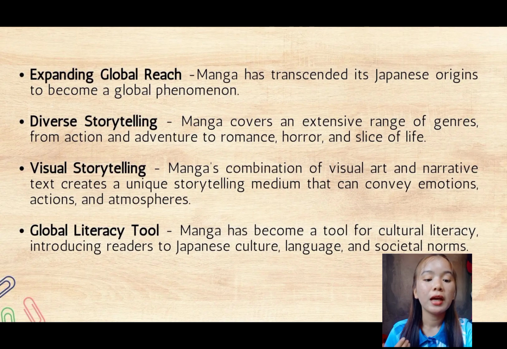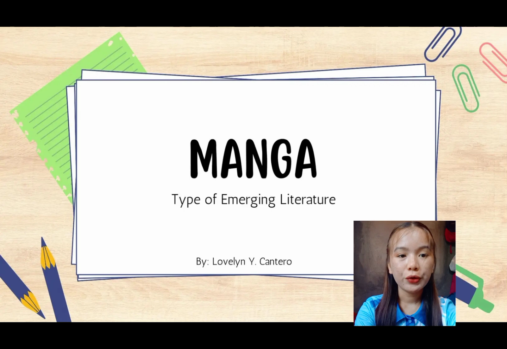This interplay between text and image allows for a different kind of storytelling, where visual elements can enhance, and sometimes even carry, the narrative. This makes manga accessible and engaging in a way that is distinct from traditional text-based literature. So that concludes my discussion about manga as a type of emerging literature.